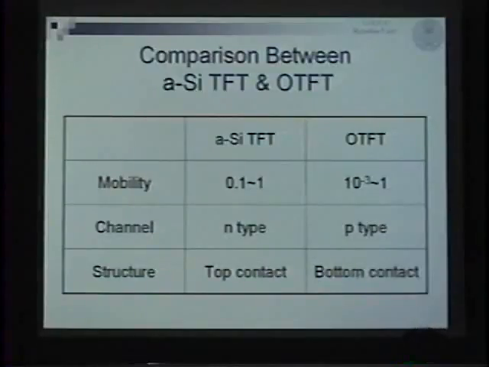And the structure has a difference. The amorphous silicon TFT usually has a top contact, I mean an inverted staggered type structure. And OTFT has both structures, but considering the resolution of patterning, I think only the bottom contact structure is available.